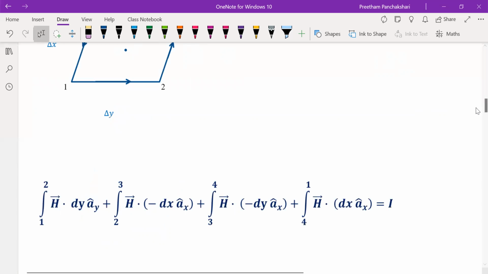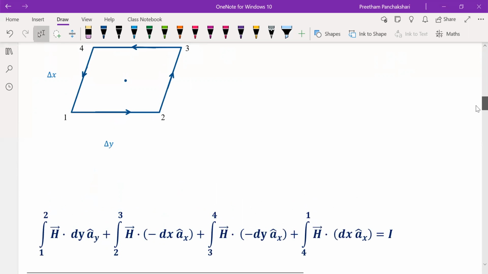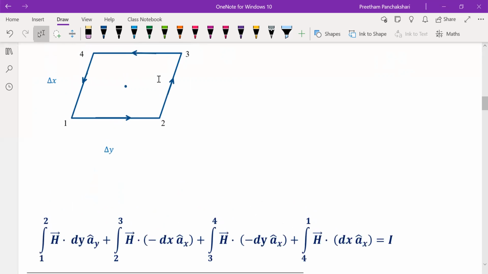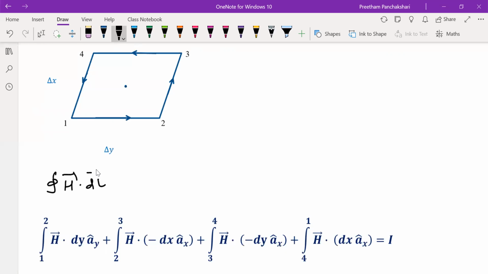Just look at this equation here. I have split the closed path integration of H as 4 different integrals. The first one is the evaluation over the path from 1 to 2, that is H dot dy ay.